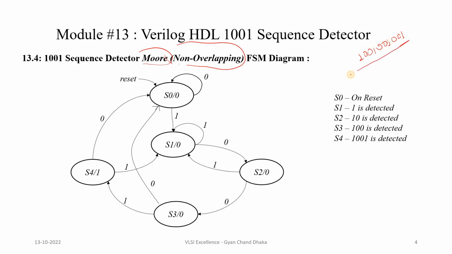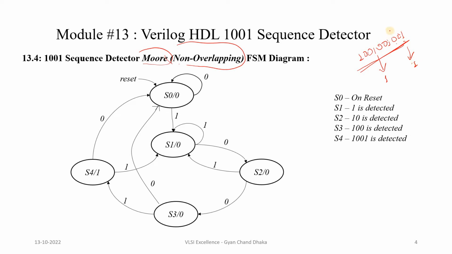If the sequence detector is of the non-overlapping type, then how will the output of the sequence detector look? If we give this sequence to our sequence detector, after 1001 the output will be detected as 1. Next is 001. Here again the sequence will be detected as 1001, and the output will be detected.